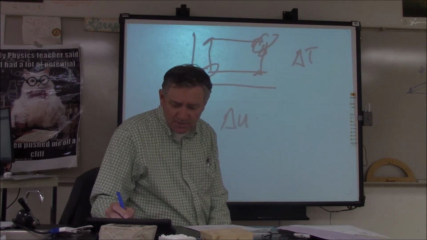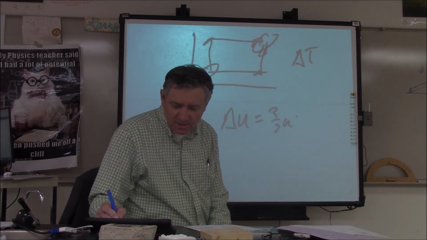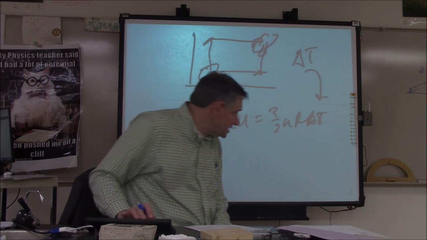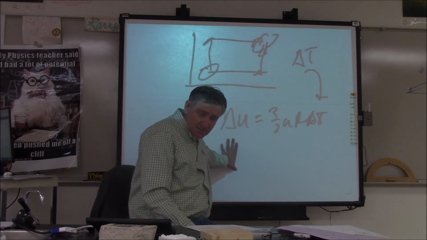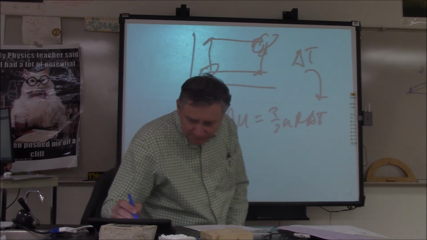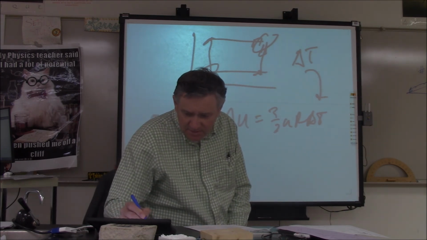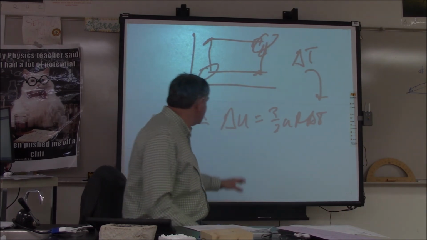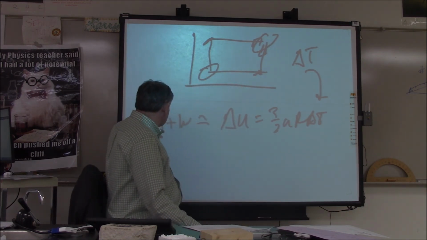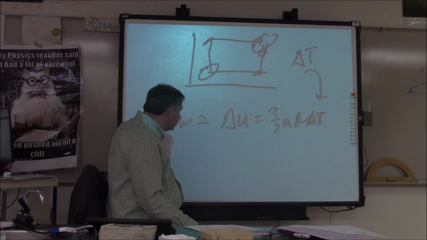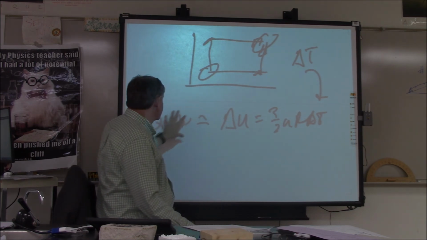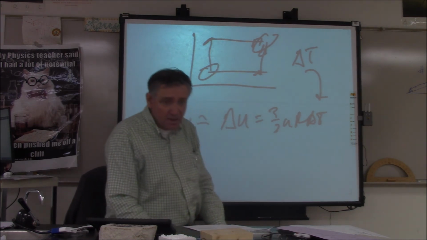Well, delta U equals 3/2 nR delta T. So since it's going to have the same change in temperature, it's going to have the same change in internal energy, which is what delta U is. So then, delta U also equals Q plus W. Well, this one has a smaller work, but it's going to have a larger value of Q. The upper system has a larger value of work, so it's going to have a smaller value of Q.